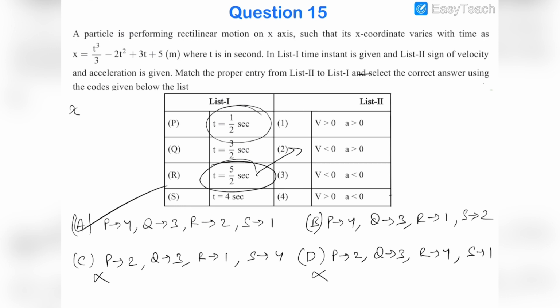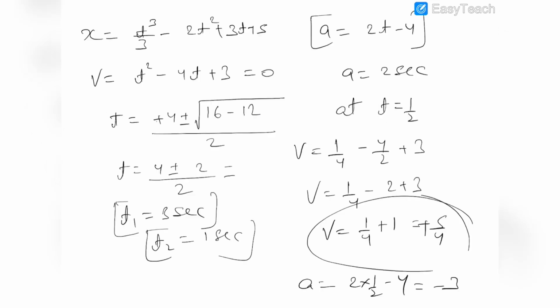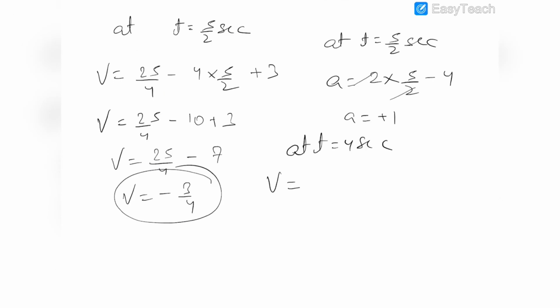Okay, now we can also match option S to be very specifically correct. So at t is equal to 4 seconds, v will be equal to t squared minus 4t plus 3. So this is 16 minus 16 plus 3.